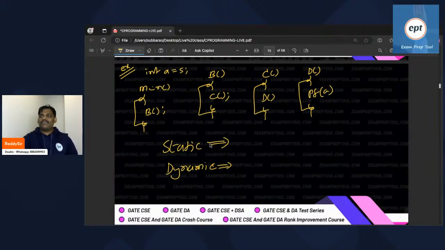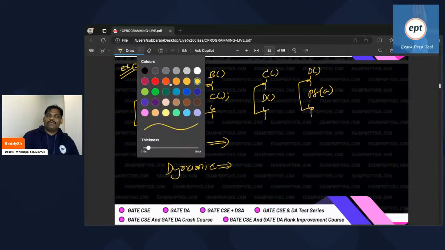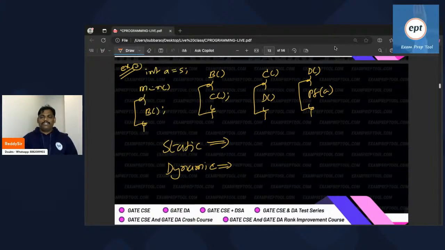Now I want an answer from all of you. This program, what is the output? It is problem number 3. Please help me, everyone. What is the output of this program? Static scoping, what is the answer? Dynamic scoping, what is the answer?